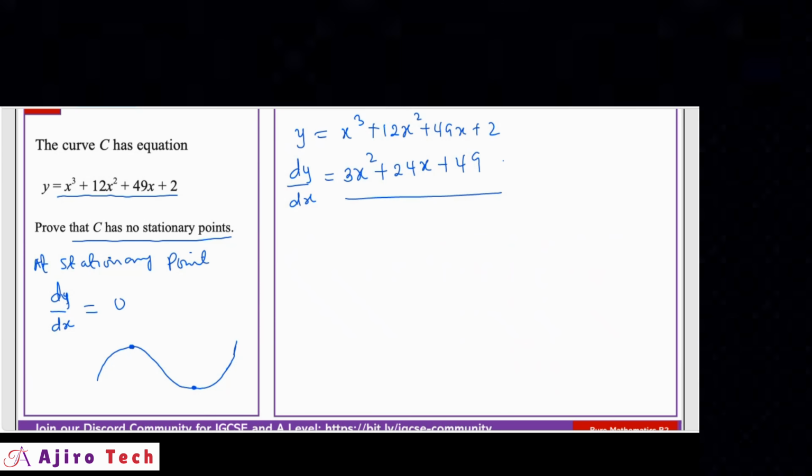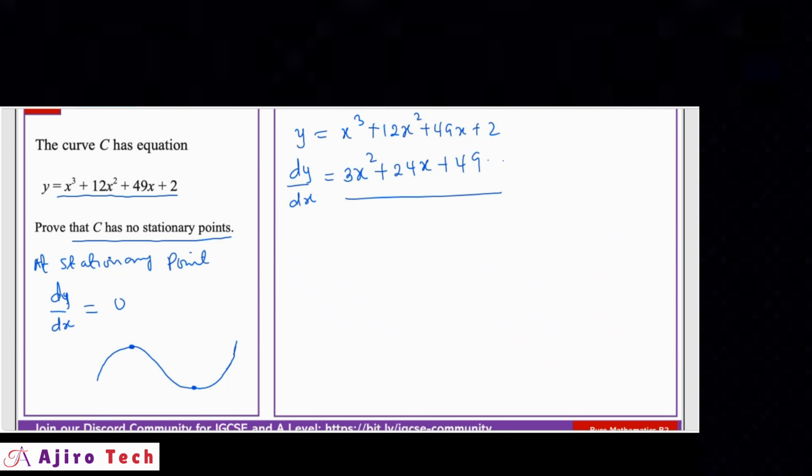So is there a way we can write this such that it's in completed square form? Let's try and do that.